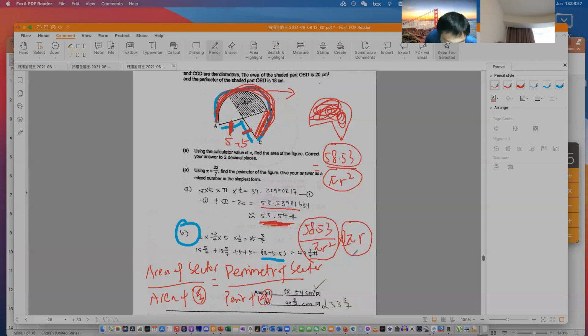And this one is equal to the angle of the sector divided by the 360 degrees. Am I right?